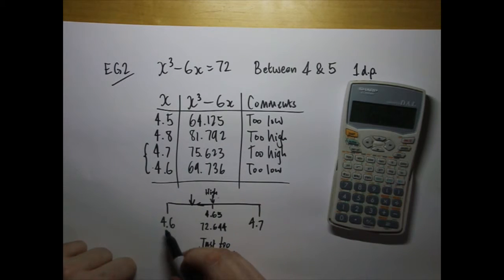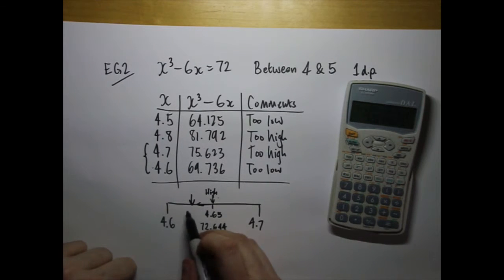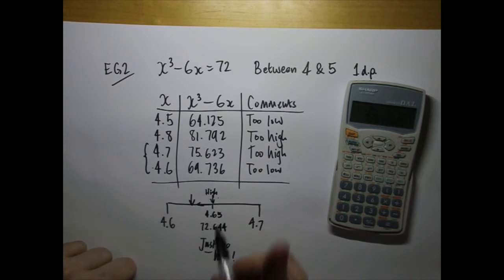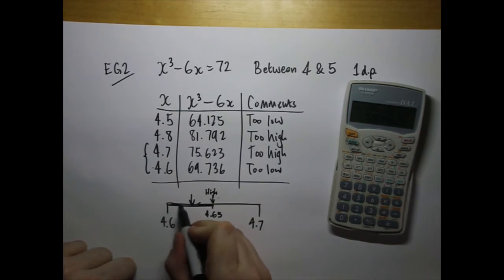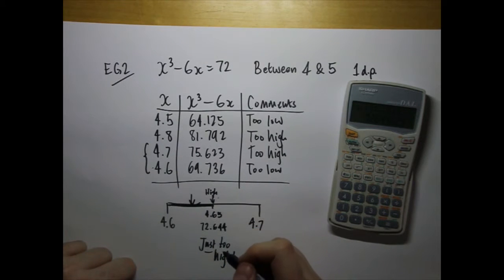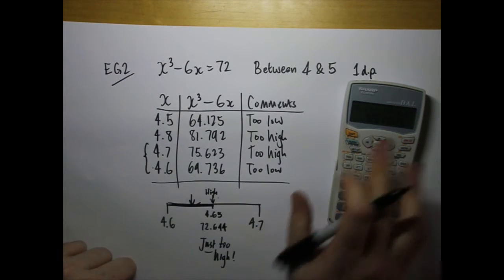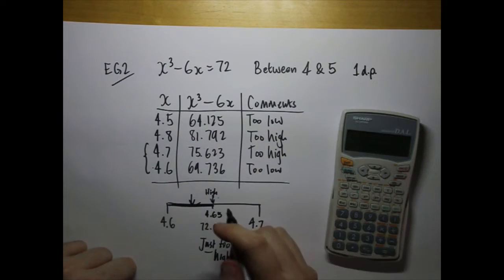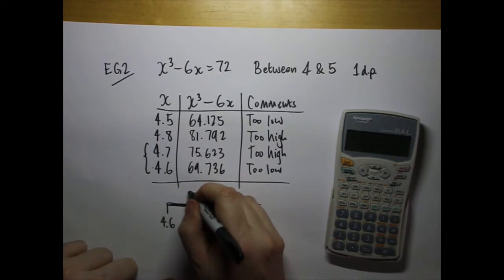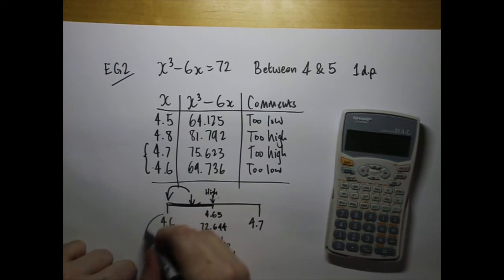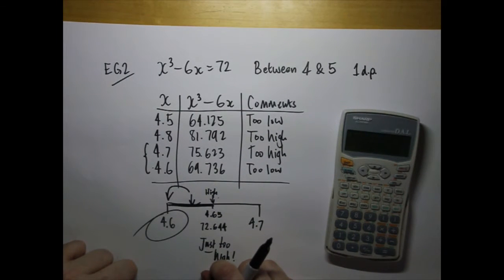Again, we don't know, it could be 4.62, 4.63, but remember, it doesn't matter, because if it's in this region, we're going to have to round it down or up so that we get an answer to 1 decimal place. So we simply ask ourselves, is this closer to 4.6 or 4.7? It's clearly closer to 4.6, and so 4.6 would be our answer.